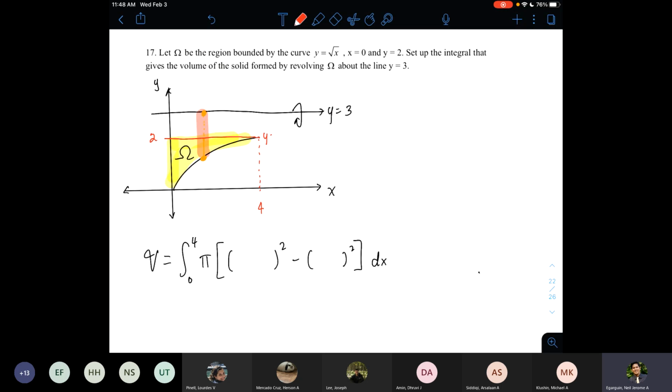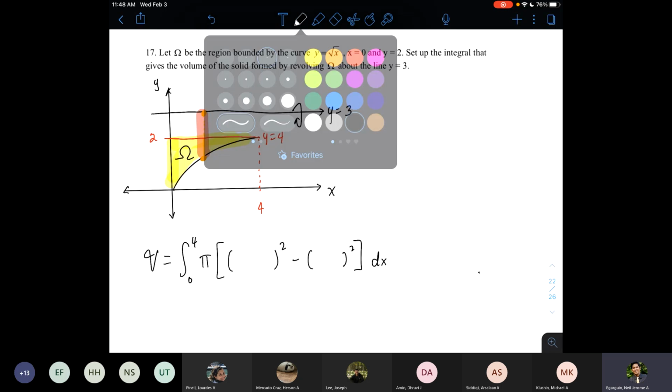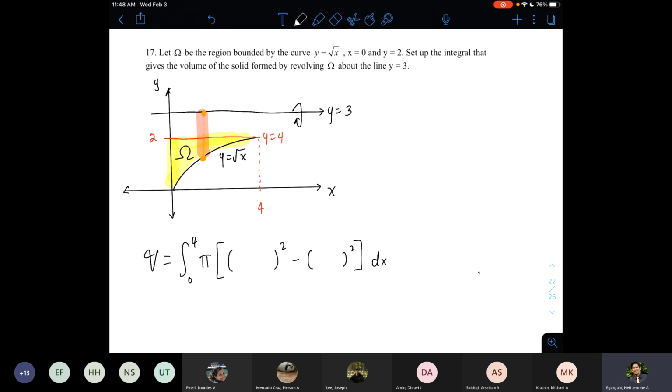So remember, this is y equals 3. The black curve is y equals root x. So the outer radius would be 3 minus root x. Perfect, Arsalan. That's 3 minus root x, quantity squared, minus the inner radius. The inner radius would be this guy, the portion outside of the shaded region.